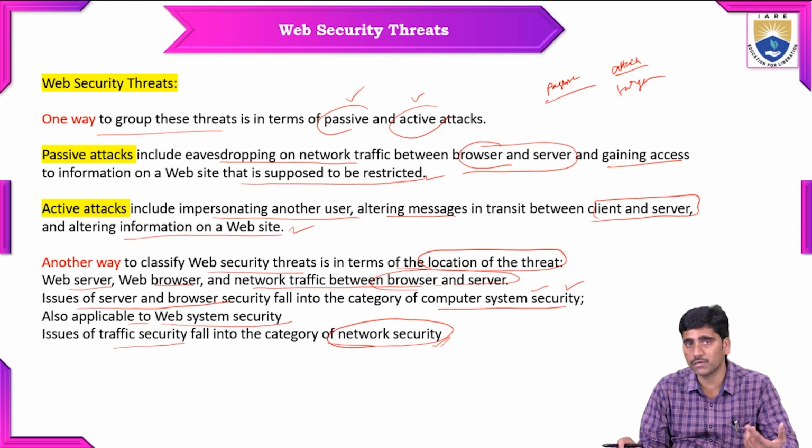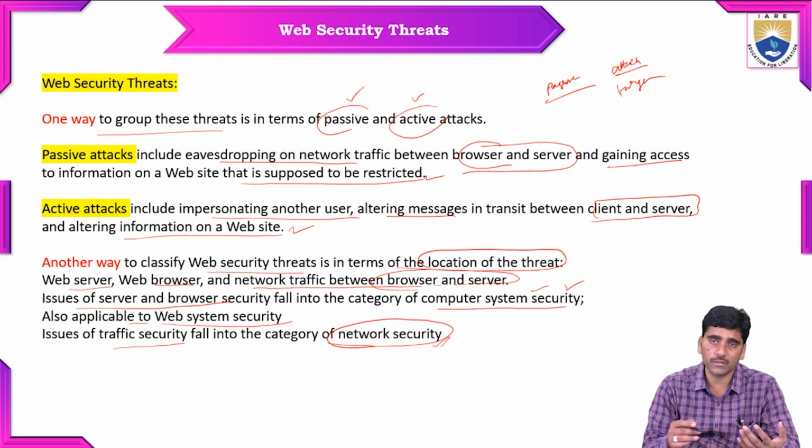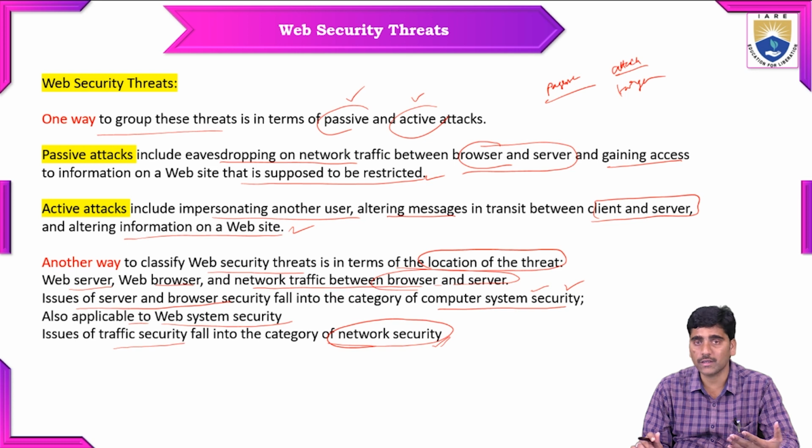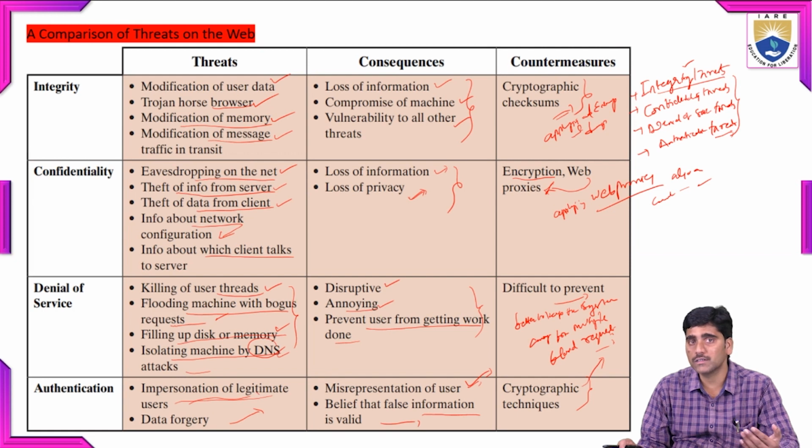So what are the threats available? Types of threats: passive attacks and active attacks. So here are the different types of threats available: integrity threats, confidentiality threats, denial of service threats, and authentication threats.